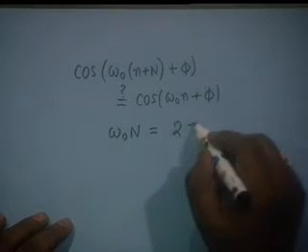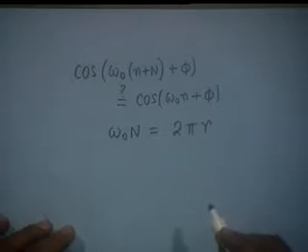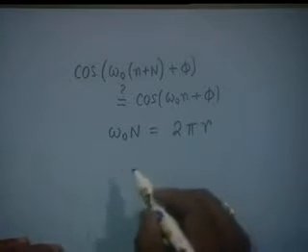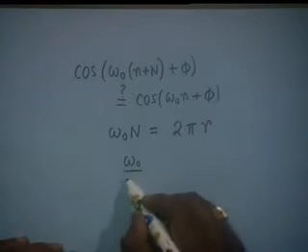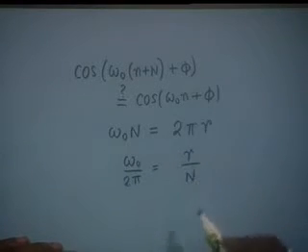So, it must be twice pi r, where r is an integer. Okay? In other words, omega 0 by 2 pi must be equal to r by N.